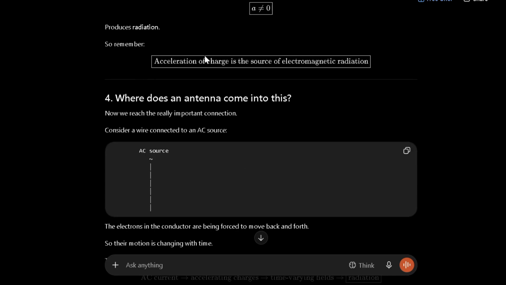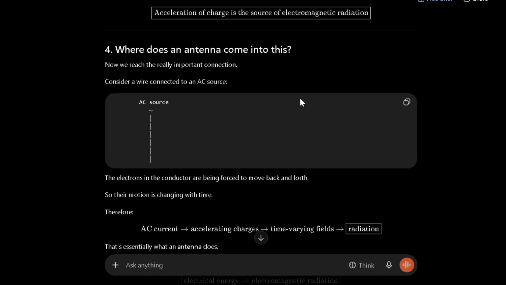Where does an antenna come into this? The coaxial cable is connected like this. There will be an inner and an outer conductor, right? The outer is connected to the down part and the inner is connected to the up part of the antenna. Two parts of the antenna, like a capacitor. If you see an antenna, it looks like a capacitor, but it is not. Both functions are different.